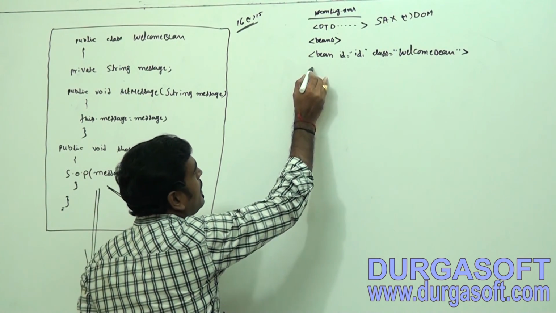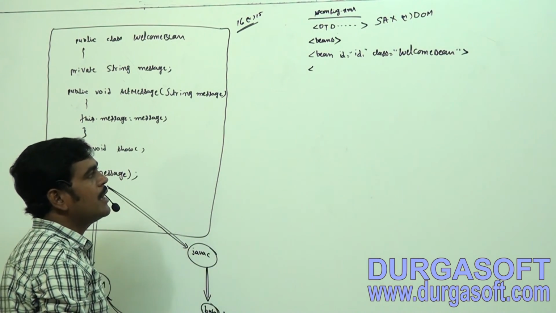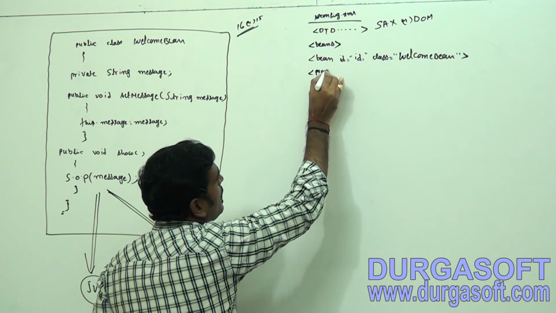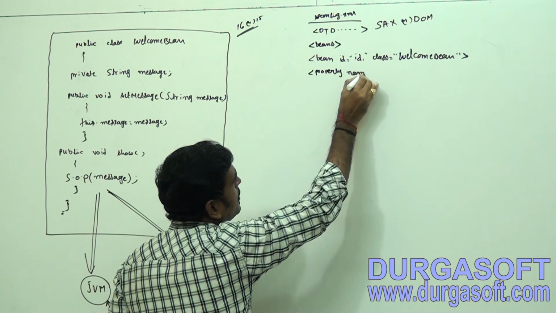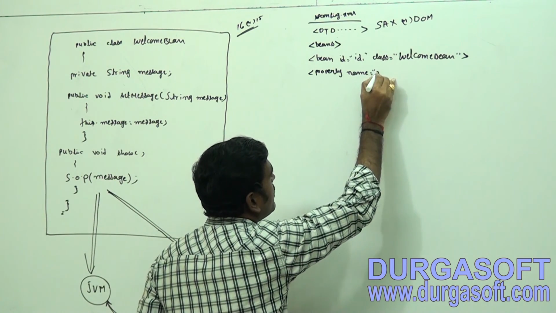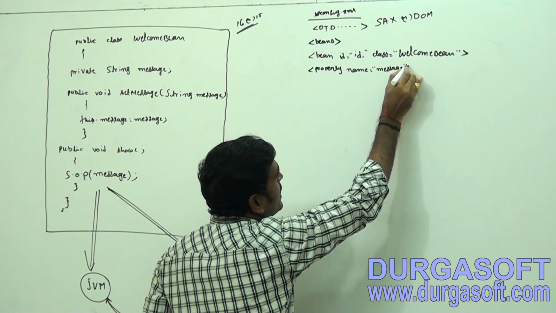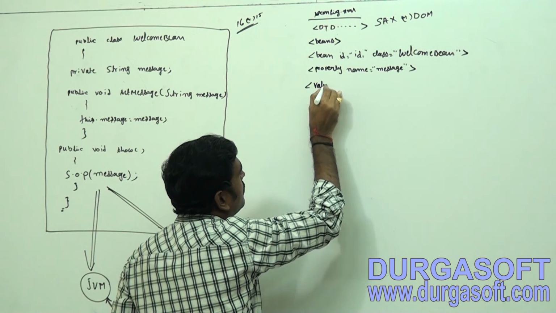Next, we have to take the property element. Why are we taking the property element? We will see in the next class. Property name is equal to message. After that, the sub element called value.